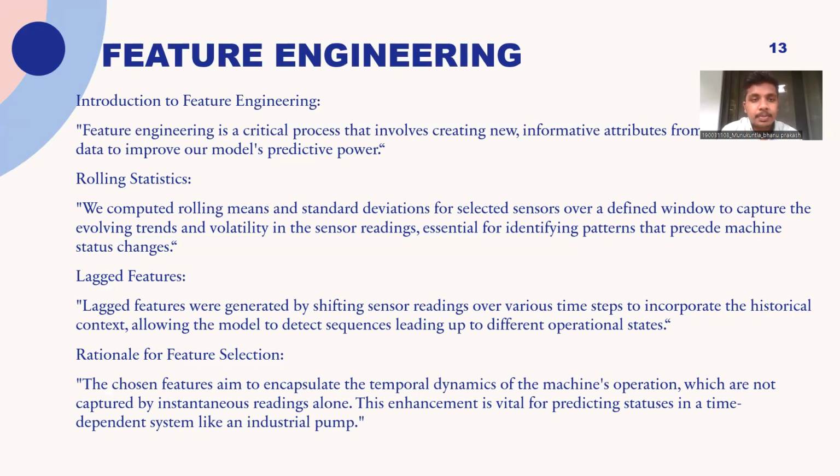And now I'm going to explain feature engineering. I created features from the data, like rolling averages and lag features, which help in capturing trends and the historical context of sensor readings, making the model more accurate.